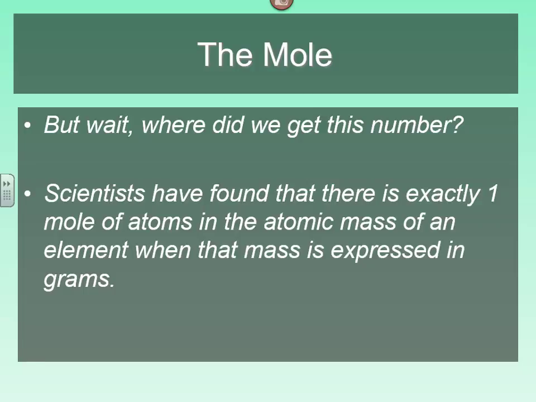This is kind of a mouthful, so there's probably a little question in the back of your mind going, what? We'll explain this in a little more detail in a second. There is 1 mole of atoms, 6.02 times 10 to the 23rd atoms, in the atomic mass of an element when that mass is expressed in grams.